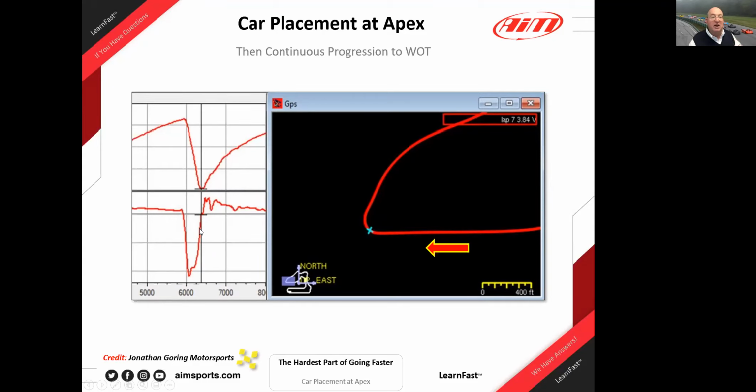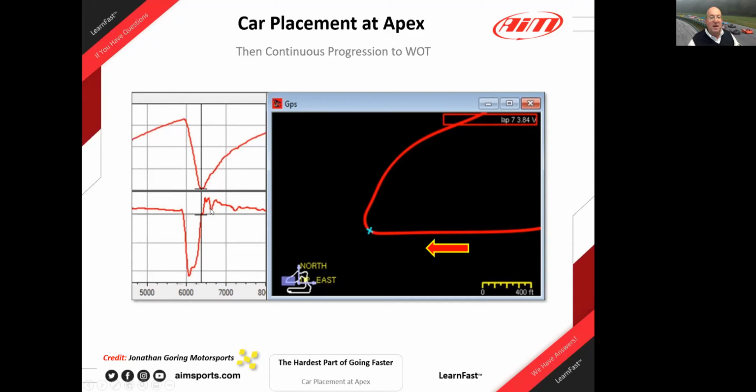And most importantly, even though this is a long corner, meaning tighter than 90 degrees, we have very little distance covered between the release of the brake and the application of throttle. That is really, really important.